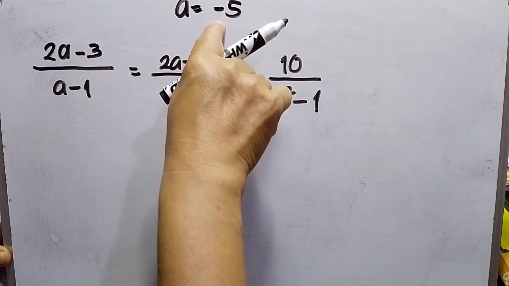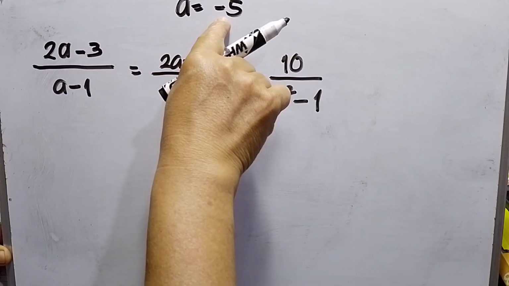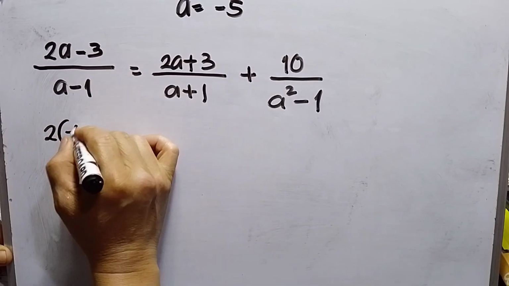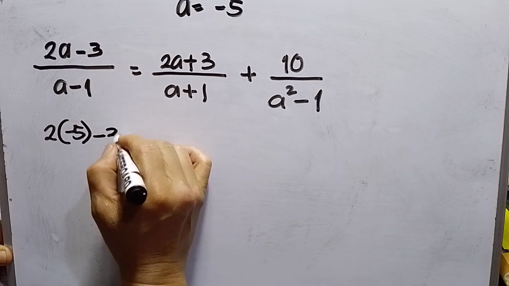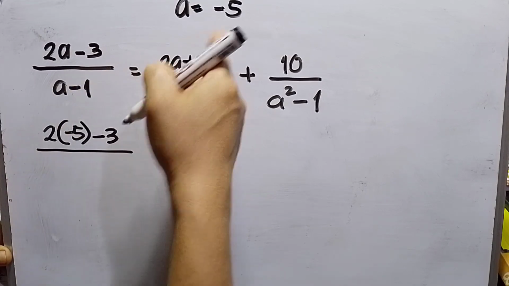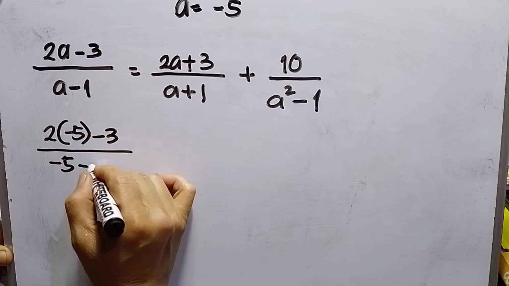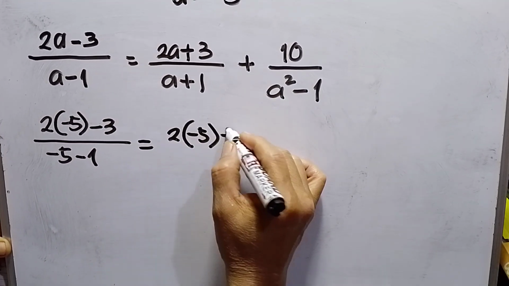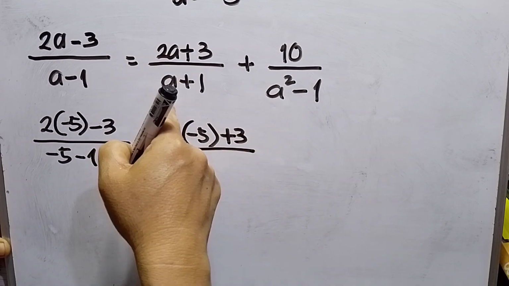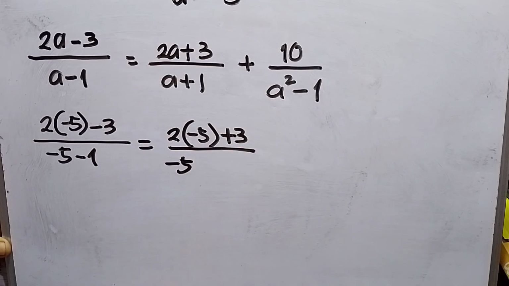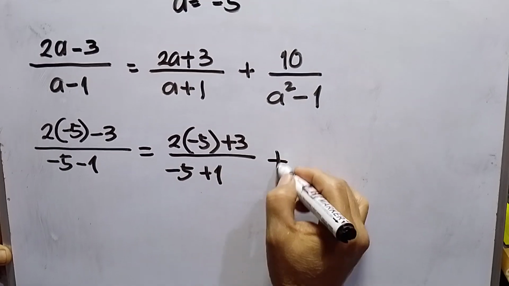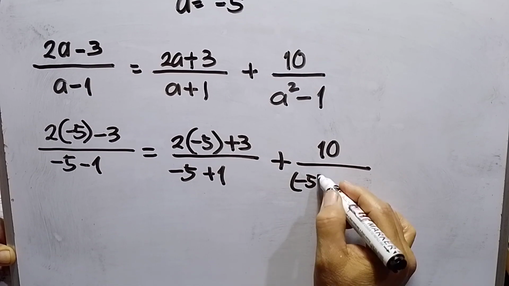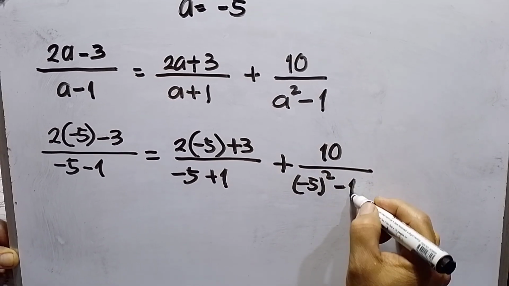So I need to replace a equal to negative 5 in the given equation. So this will be 2 times negative 5 minus 3 over negative 5 minus 1 is equal to 2 times negative 5 plus 3 over negative 5 plus 1, plus 10 over negative 5 squared minus 1.